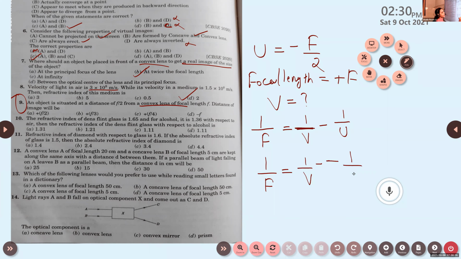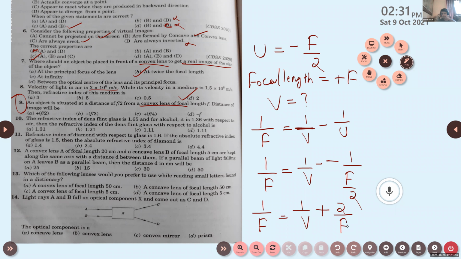It is minus f by 2. Therefore, 1 by u is equal to minus 2 by f. So it becomes 1 by f is equal to 1 by v plus 2 by f.